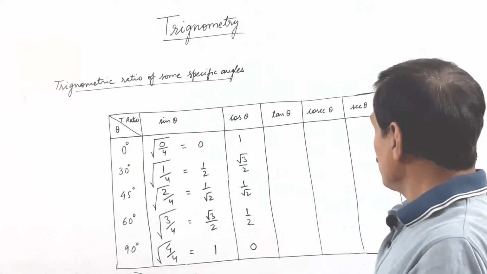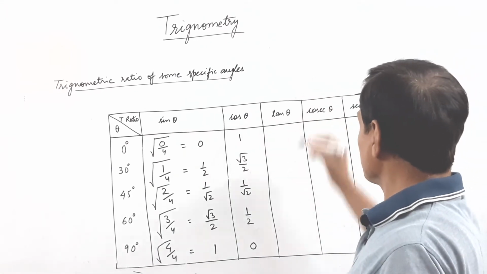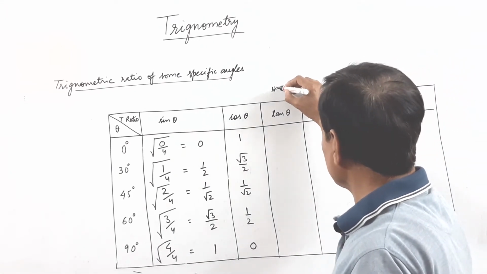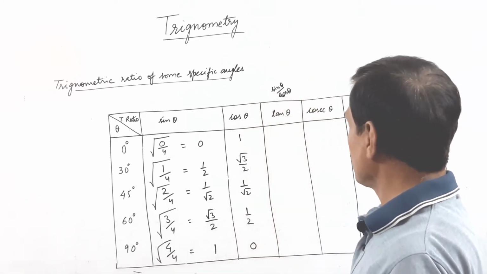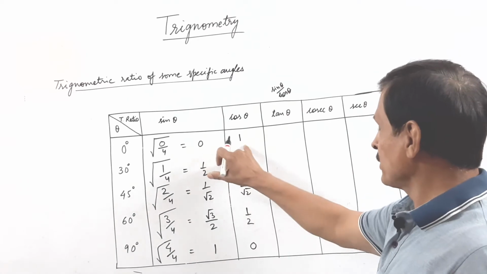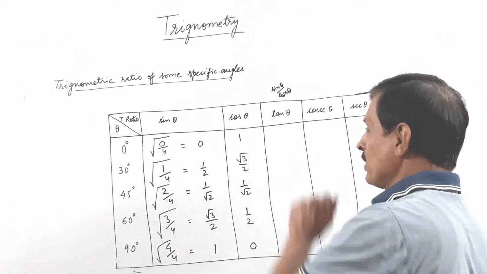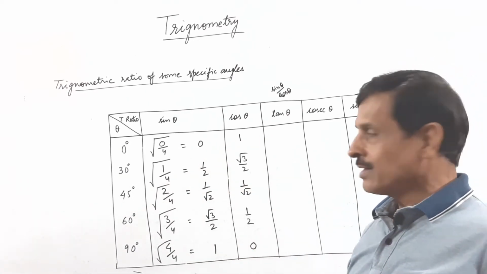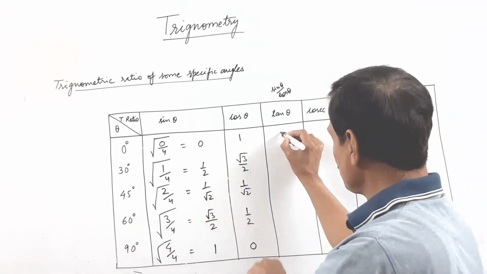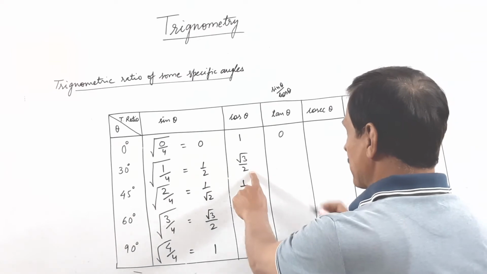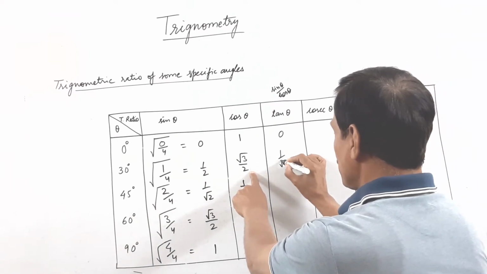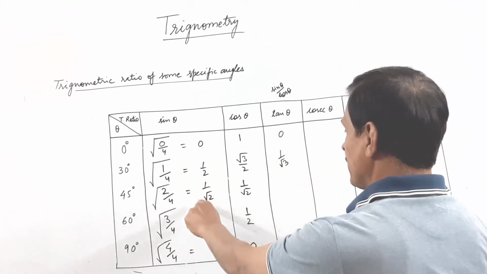Now we know tan theta is equal to sin theta upon cos theta. So sin upon cos, 0 upon 1, that is 0. 1 by 2 divided by root 3 by 2, this is 1 upon root 3.